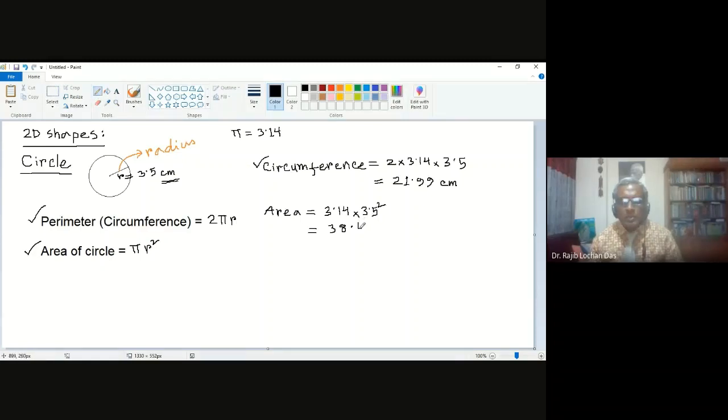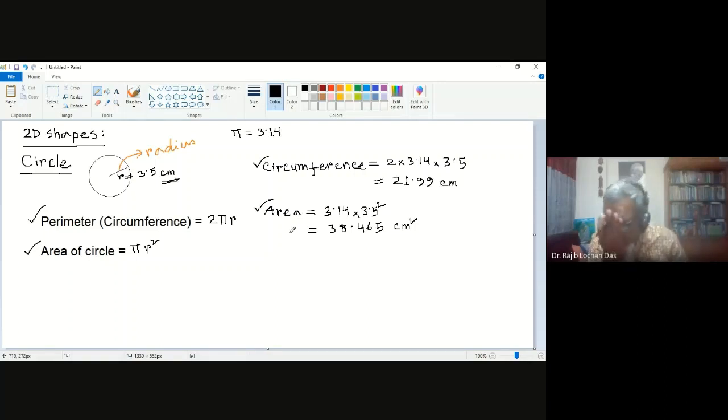The unit will be centimeter square, because this is area, this is 3.5 square, this is centimeter square. It is two-dimensional. It has to be square.